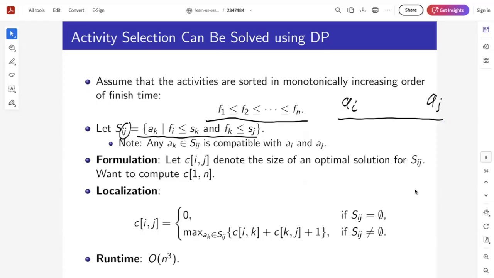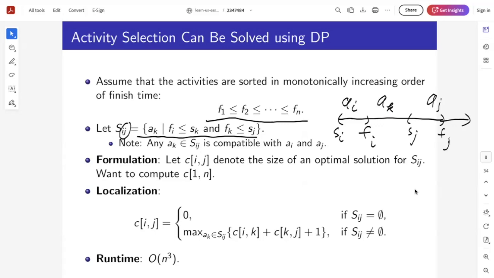Now a_i has s_i and f_i, and a_j has s_j and f_j. Now this is the timeline, but for this i, j, s_j can actually be smaller than f_i. But in general, for any i, j, we're going to look for a_k, where k could go up to j, such that they are compatible.